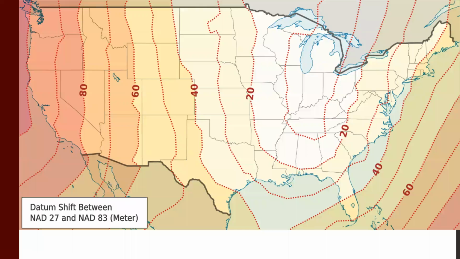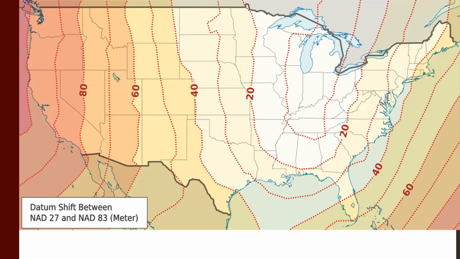And if we look at this chart, which is comparing two North American specific datums, so two North American specific measurements and understandings of the size of the planet, we can see even bigger shifts.